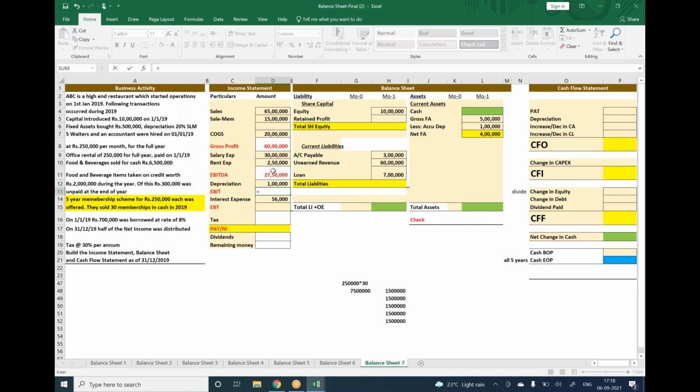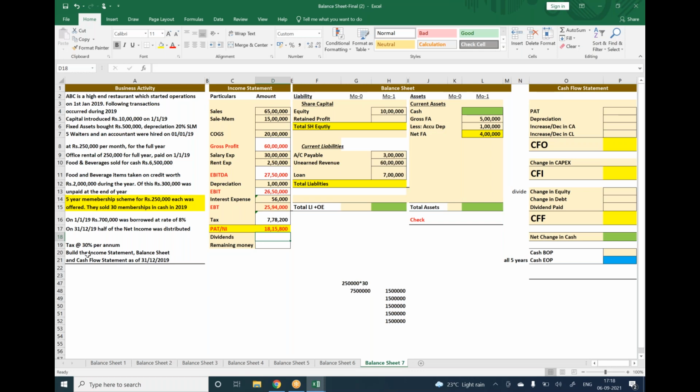Then your EBIT will be EBITDA minus depreciation. Then your EBT will be EBIT minus interest expense. Tax is 30% per annum they've said. So it will be EBT into 30%. So your profit after tax will be EBT minus tax.